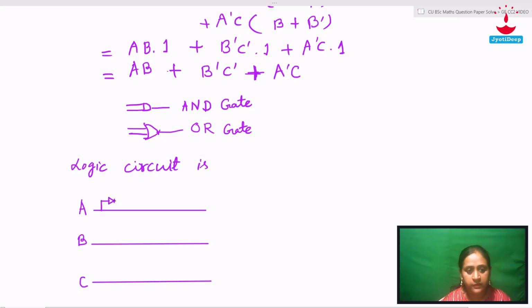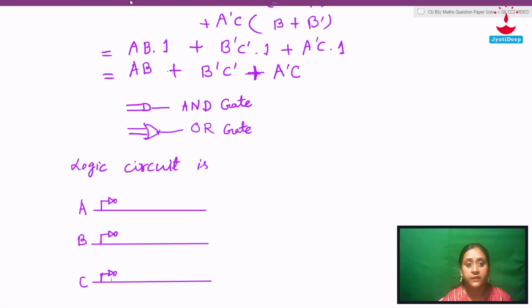This is the symbol of NOT. I have already taken it: A not, B not, and C not.